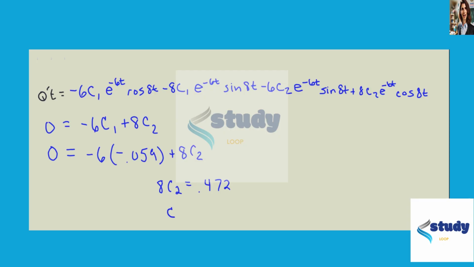C2 becomes 0.7378, and I have an 8 because of rounding. e to the negative 6t sine of 8t.